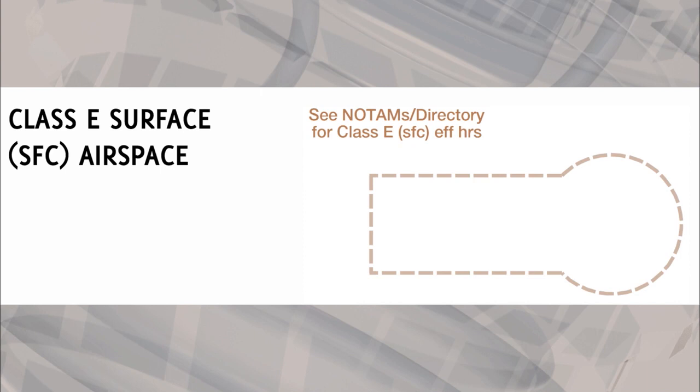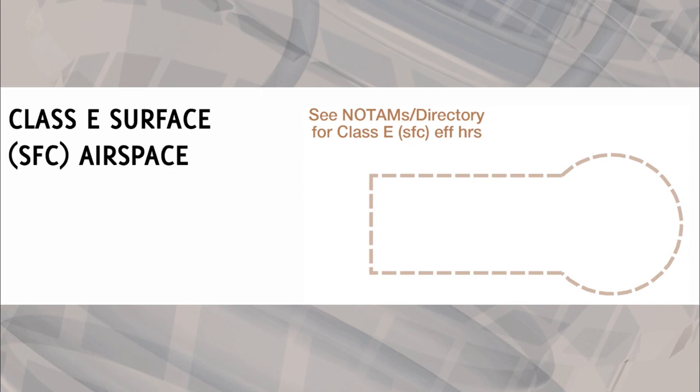So a lot of these airports, like these Class Delta airports, go inactive sometimes because they're only operating as a Class Delta part of the day. When they're not a Class Delta, a lot of them become Class Echo surface areas, or Echo to the surface. And when that happens, you may not fly there without a LAANC or Drone Zone authorization as well.